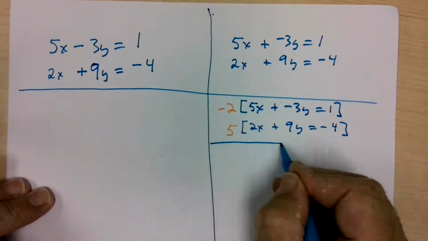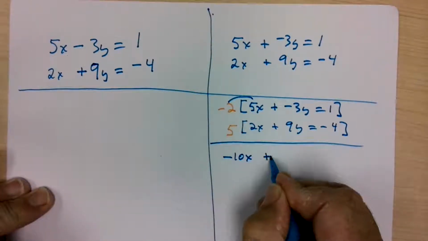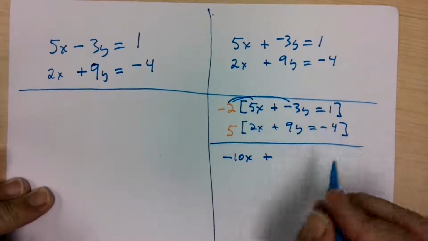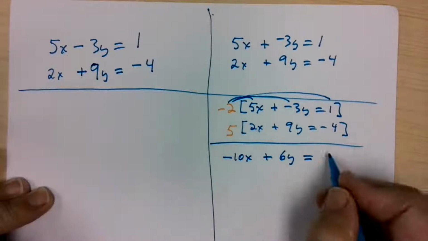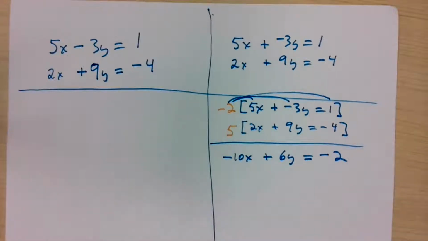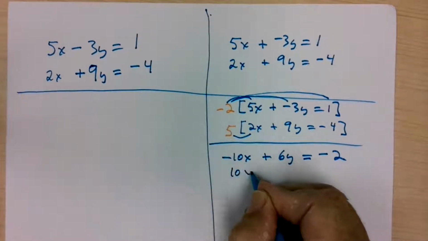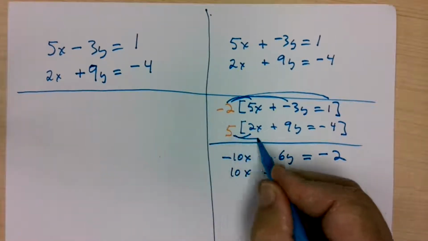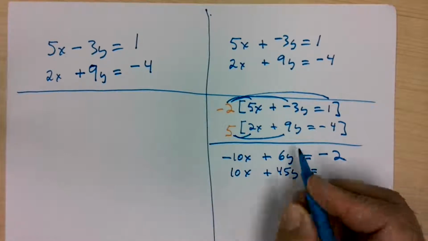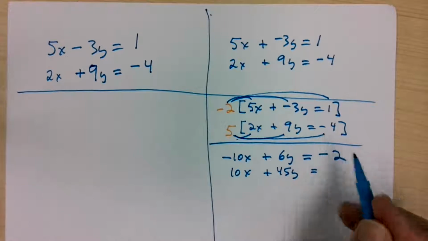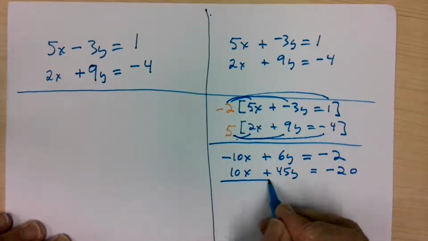What do we get? -2 times 5x is -10x plus -2 times -3y is 6y equals -2 times 1 is -2. Good. On the bottom, 5 times 2x is 10x plus 5 times 9y is 45y equals 5 times -4, which is -20.